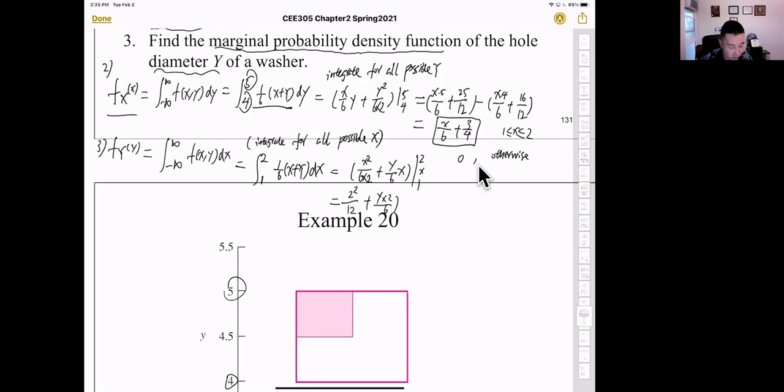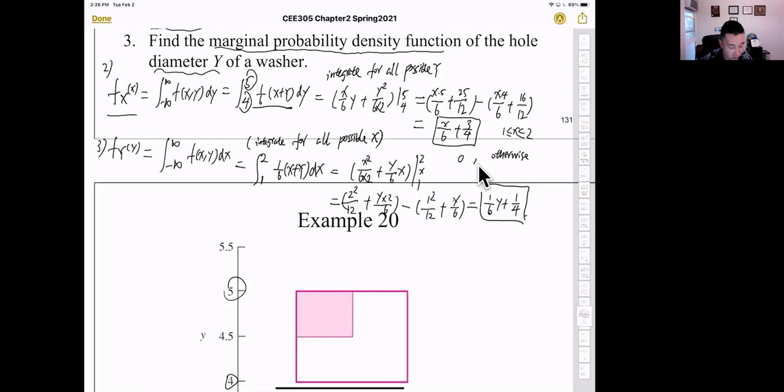Minus, we plug in x equal to 1: 1 squared over 2 plus y times 1. Further simplified, it will become this.